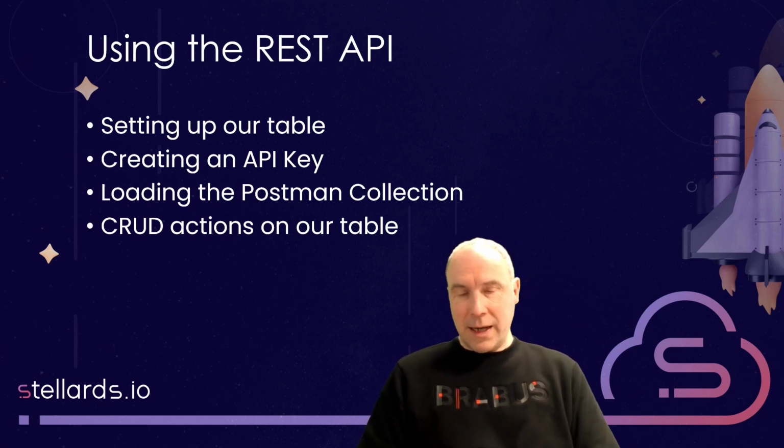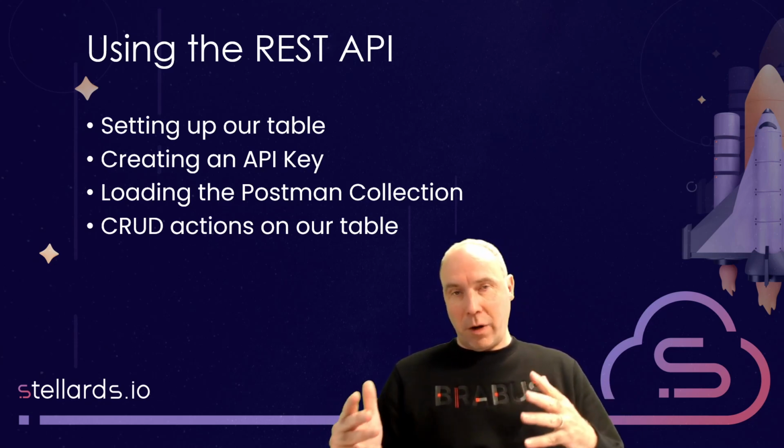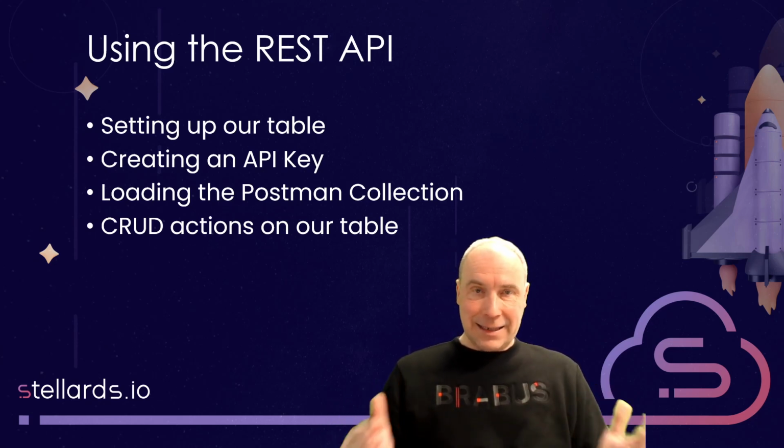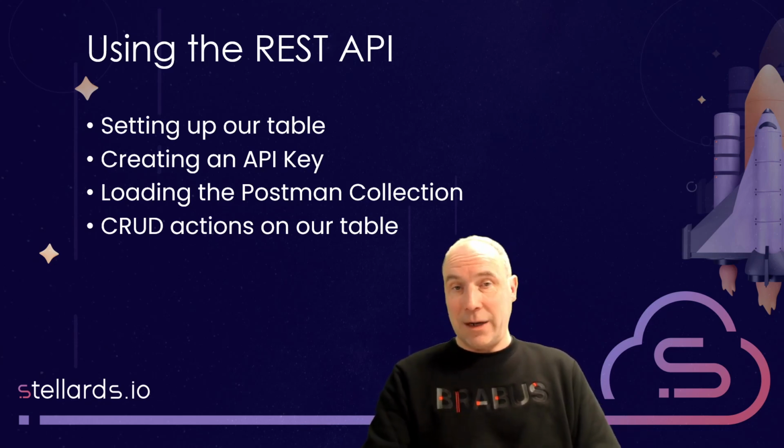We'll show this with CRUD operations that we will perform on a newly created table. So let's move to Postman, our REST API, and let's dive technically into the REST API of stellards.io.